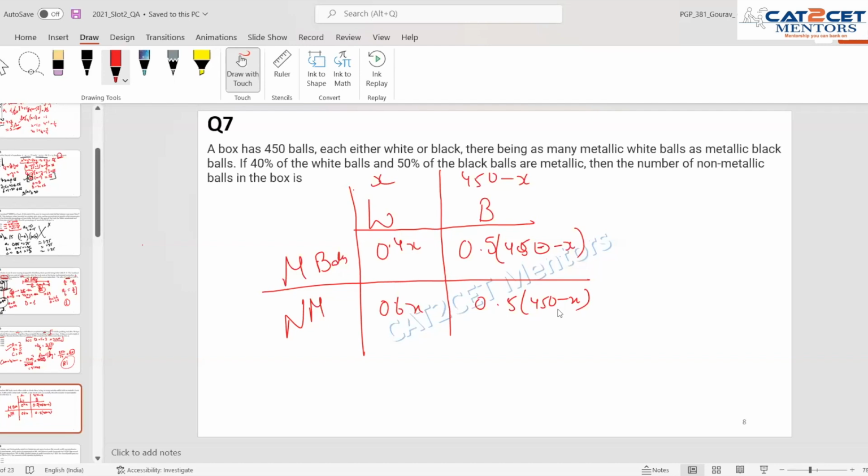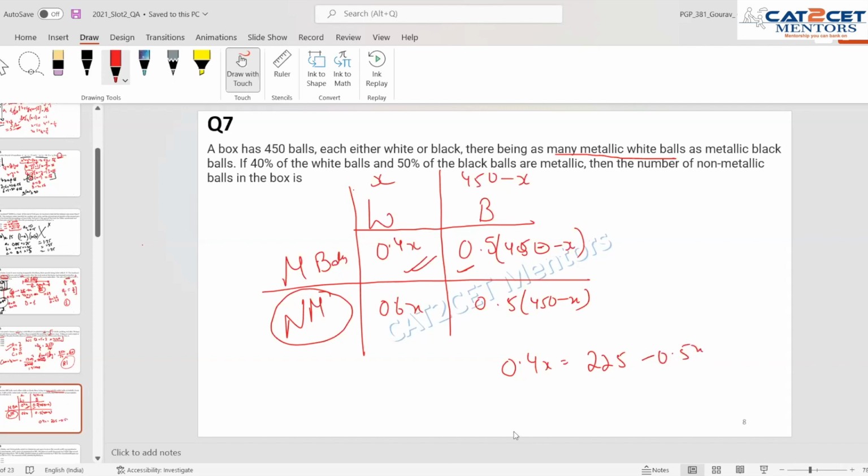And we need to find the number of non-metallic balls in the box. We need to find the total number of non-metallic balls. Simple question, because we know one situation. We know there being as many metallic white balls as metallic black balls, so that means both cells are equal. Okay, so it means 0.4x equals 0.5 into 450 minus x, which is 225 minus 0.5x.